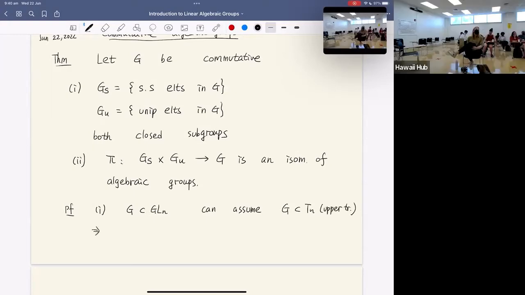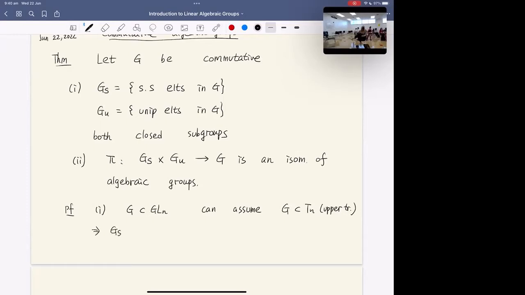Now, if we look at the upper triangular matrices, what are the semi-simple elements and what are the unipotent elements? Then we know that G_S is going to be G intersected with the diagonal matrices, right? Those are the only... No, sorry, that's not true.